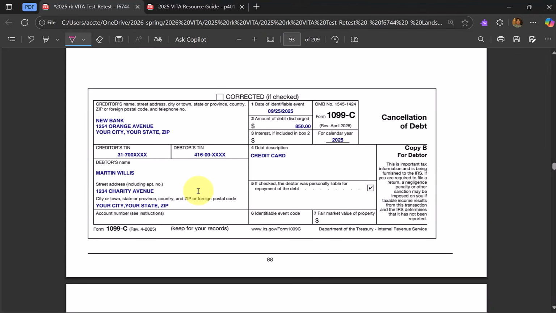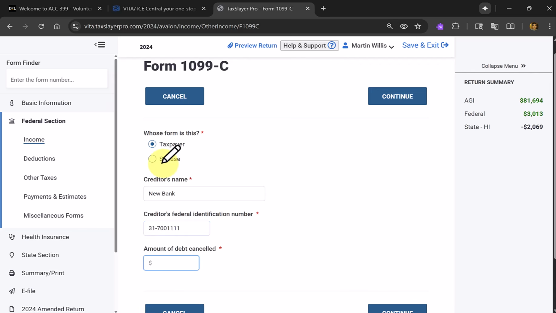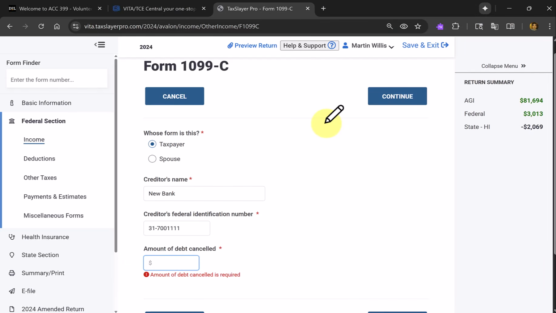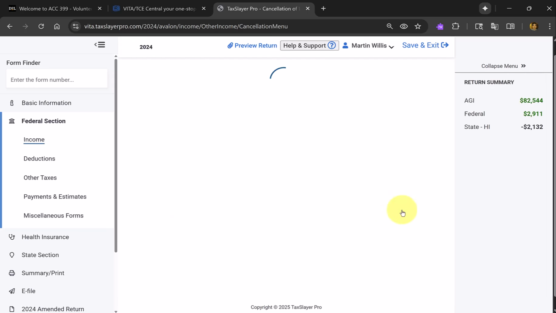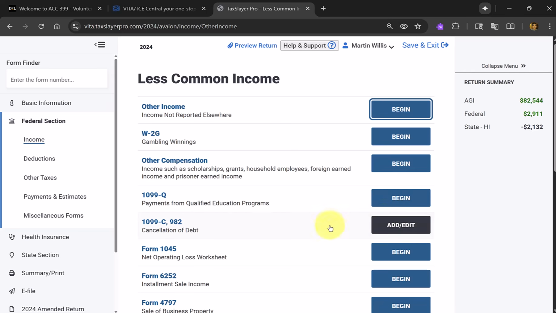ID 31700. What was the amount? 850. That's it. Continue. Continue. We just came from here. Continue. We just came from here.